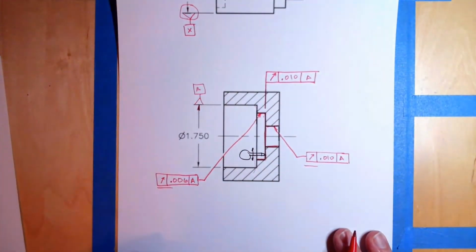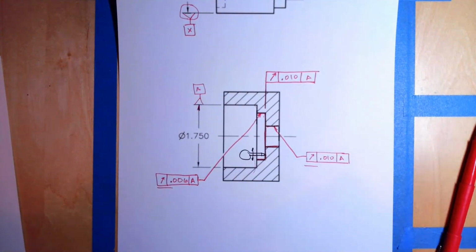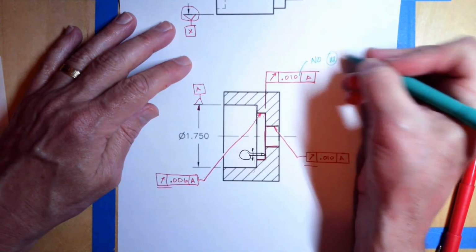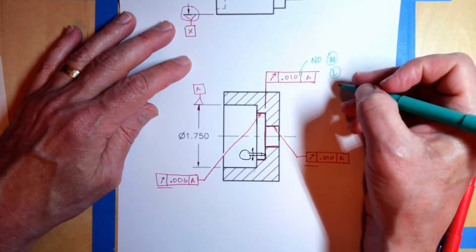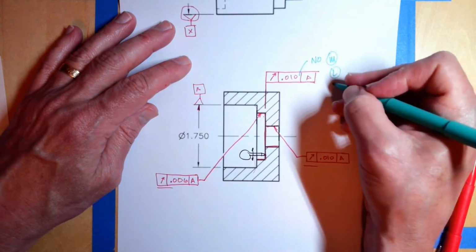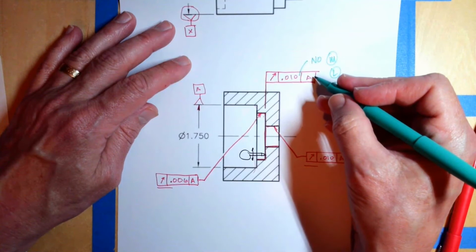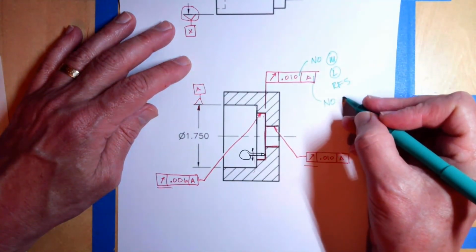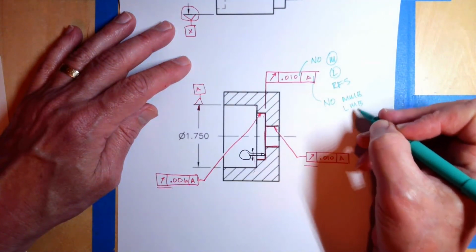Like so. Okay. I should also mention, for runout, there are no material modifiers. So no LMC, MMC, no RFS. We also can have no material modifiers here: MMB, LMB, RMB.